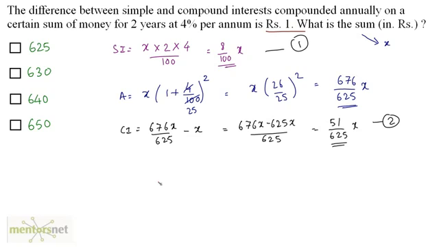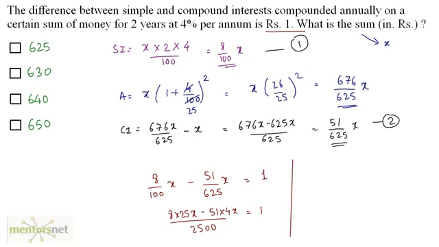So I can write 8 by 100x minus 51 by 625x equals 1, right? So taking the denominator as 2500, that's the LCM of 625 and 100, we have 8 times 25x minus 51 times 4x equals 2500.